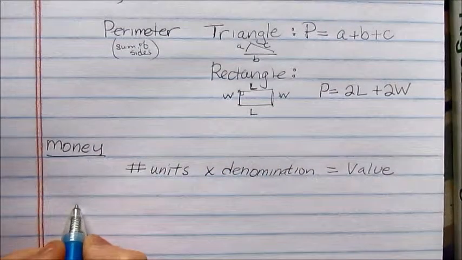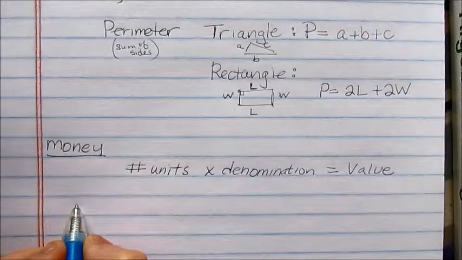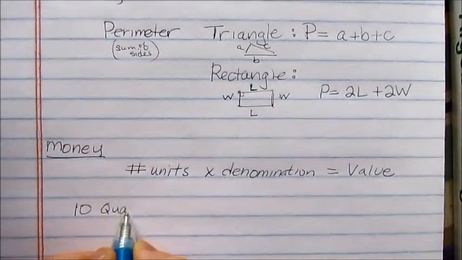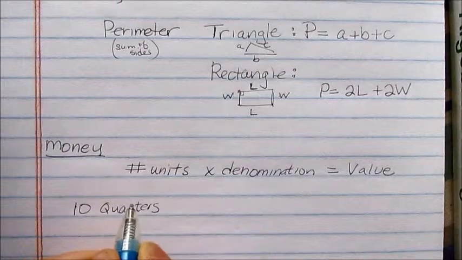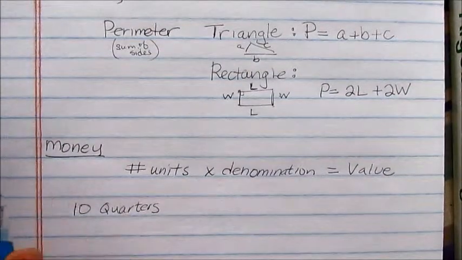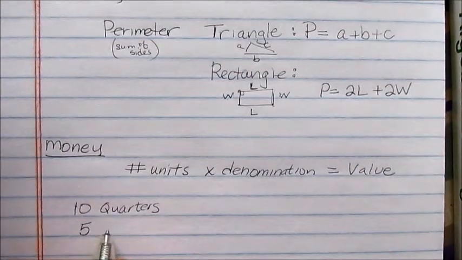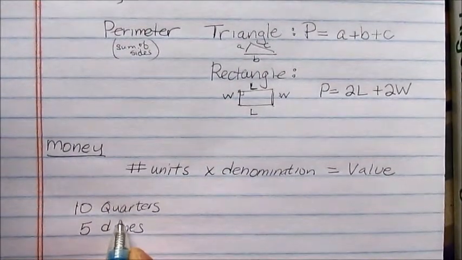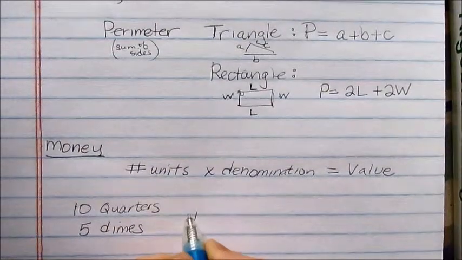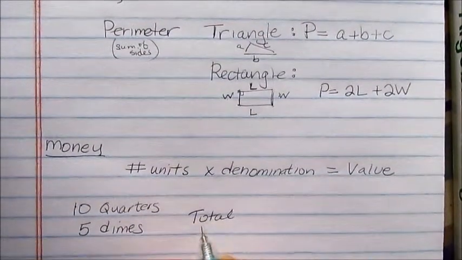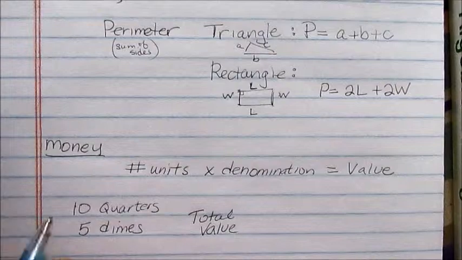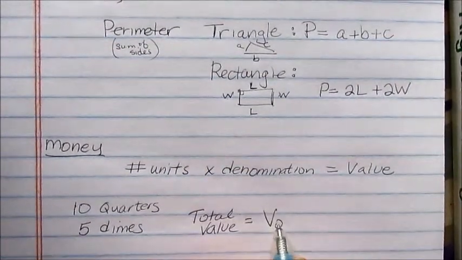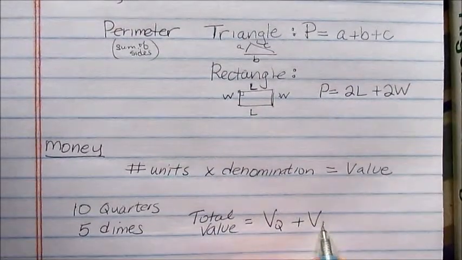So, for instance, if I had 10 quarters, and maybe 5 dimes, my total value would be the value of my quarters and the value of my dimes.